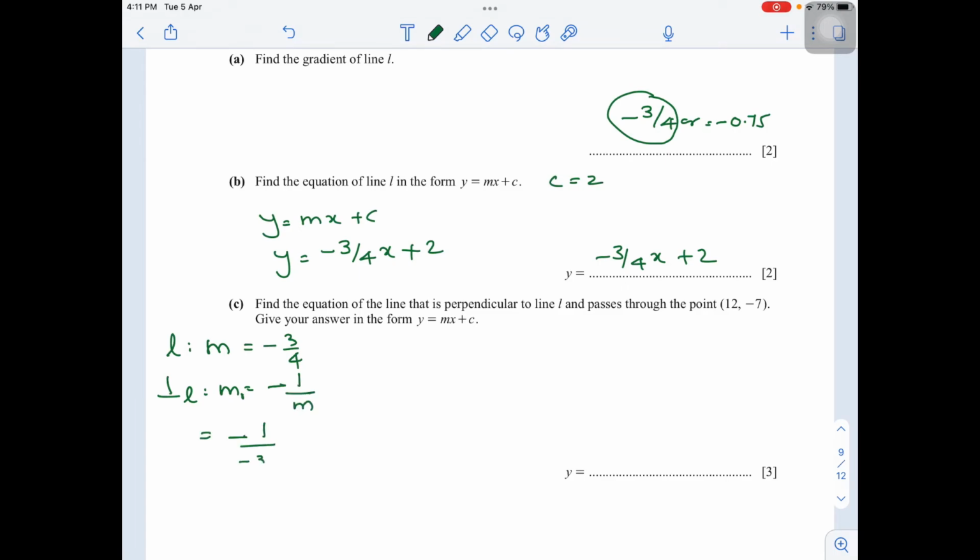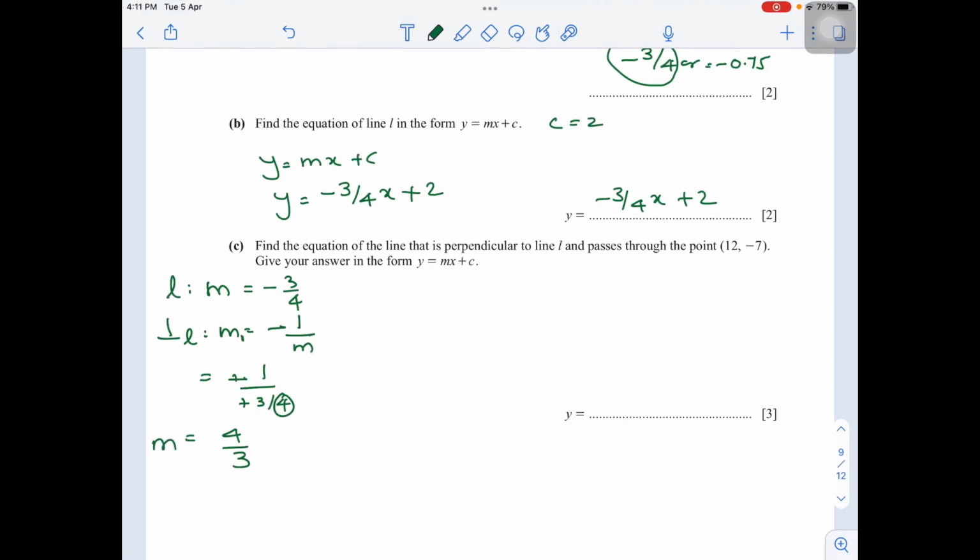So it's negative 1 over negative 3 quarters. Negative is positive, and the denominator becomes the numerator. So it's 4 over 3. So the gradient is 4 over 3 and it passes through (12, negative 7). So y equals mx plus c, where m is 4 over 3. So 4 over 3.